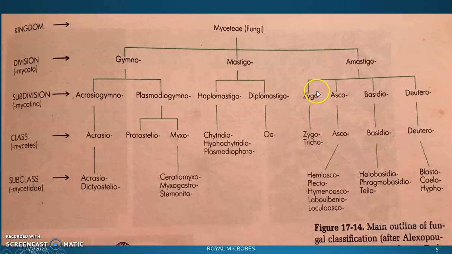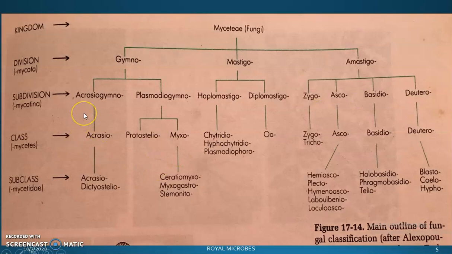Then Amastigomycota is divided into 4 subdivisions, that is Zygomycotina, Ascomycotina, Basidiomycotina, and also the form subdivision Deuteromycotina.